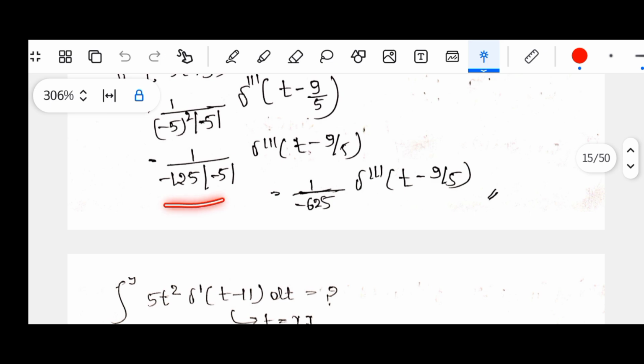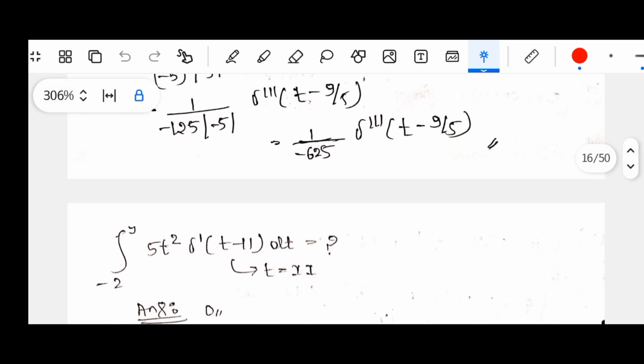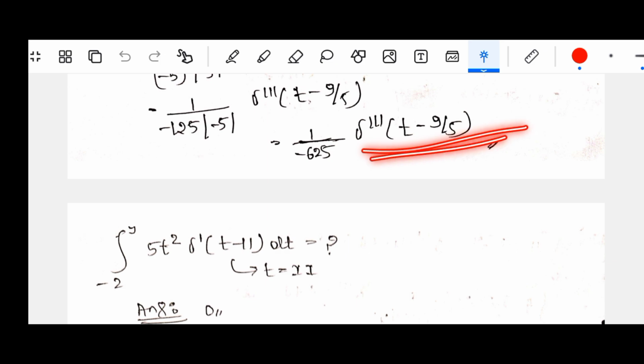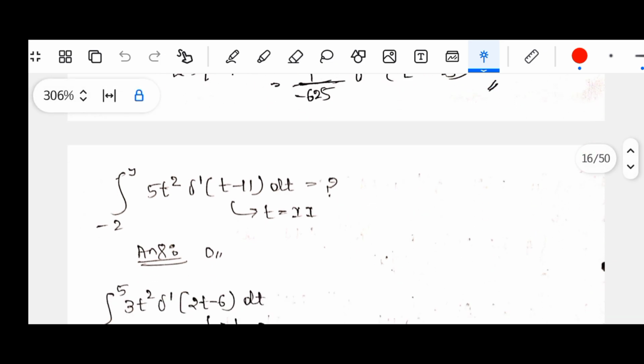So 1 divided by minus 125 into mod of minus 5. This is a cube, not square. Multiplying minus 125 with minus 5, we will get 1 divided by minus 625 of delta triple dash of t minus 9 by 5.